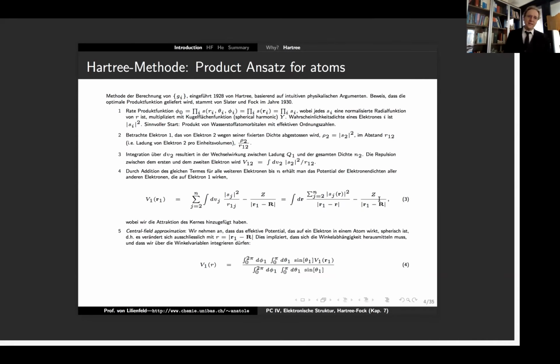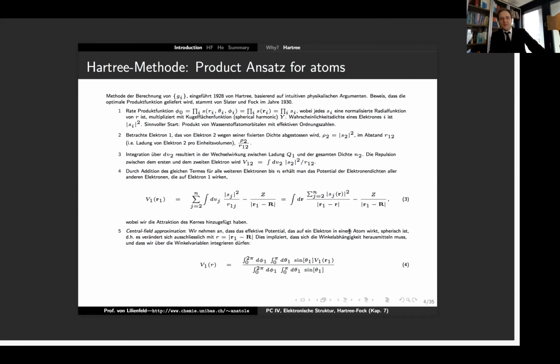Now, within the central field approximation, you can presume that the effective potential that acts on an electron in an atom is spherical. So it does not depend on where you are, in terms of the potential, not how the wave function looks.